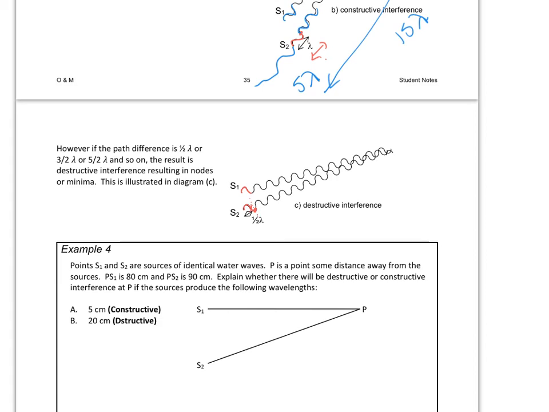So we have a half wavelength, and then say we go 10 wavelengths afterwards. S1's total path is 10 wavelengths. S2's total path is 10.5 wavelengths. When they meet, one will be at a crest and the other at a trough, and so we're going to get destructive interference.